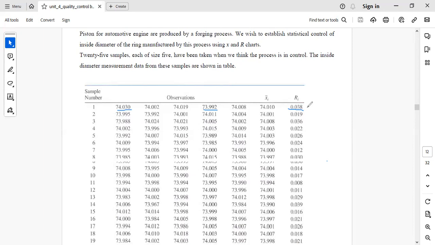0.038. Yes. Exactly. Okay. So you do that for the first sample. Again, you identify from the second sample the largest value among the 5 that you have here. So that is which value?